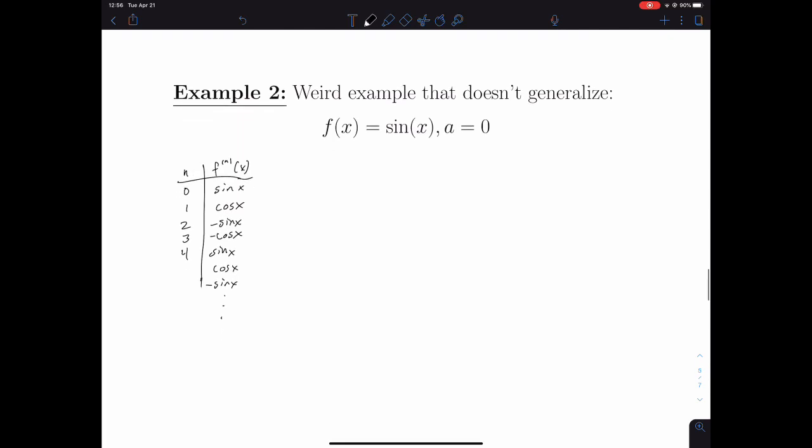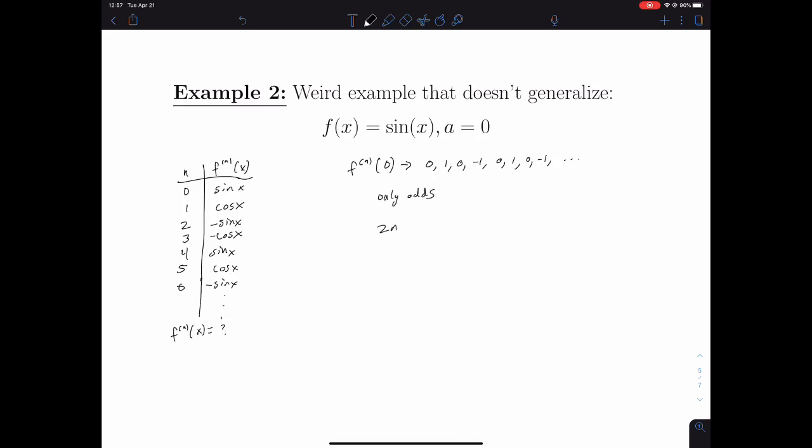Okay, so here, what's the nth derivative? Well, it's hard to tell here, but on this one, what I can do is just plug in the nth derivative at 0. So the nth derivative at 0 is going to give 0, 1, 0, negative 1, 0, 1, 0, negative 1, and so on. So this is only odds.